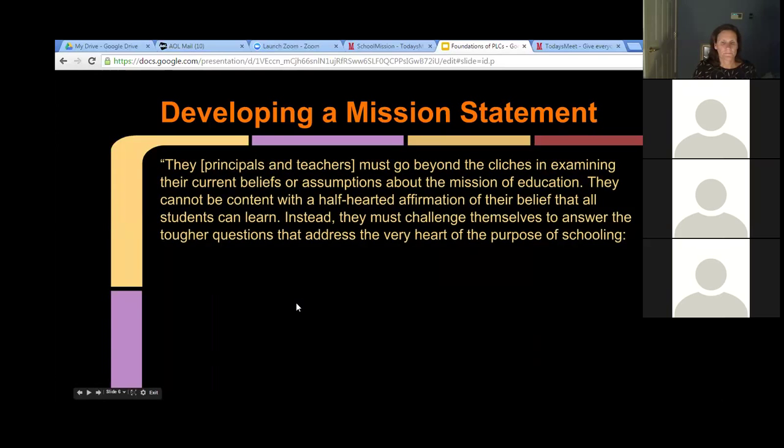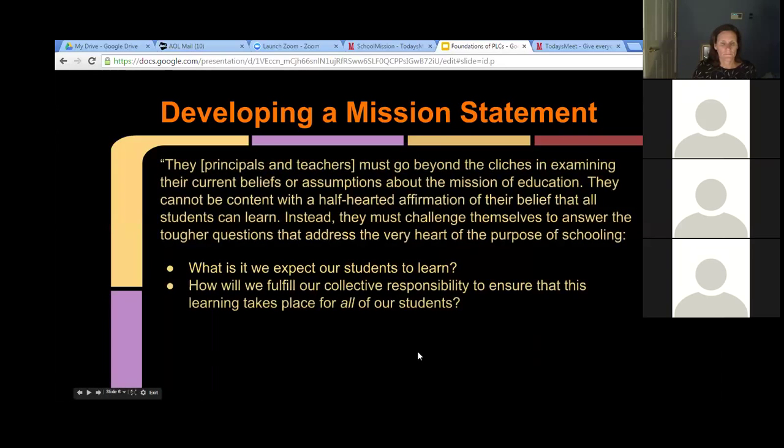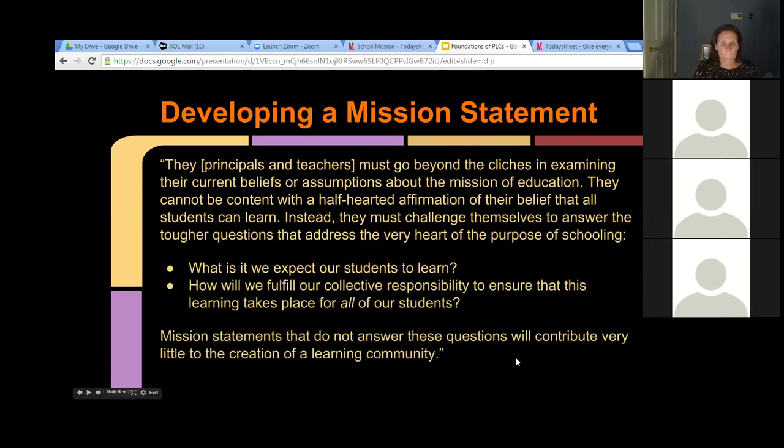Instead, we must challenge ourselves to answer the tougher questions. What is it we expect our students to learn, and how will we fulfill our collective responsibility? Which at first glance appear to be those outer circles in Sinek's golden circles, but really get at why, the why being at the center. And mission statements that don't answer those questions will contribute very little to the creation of a learning community.